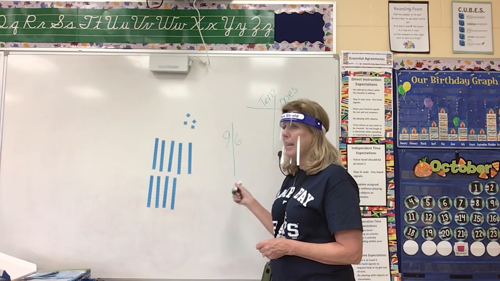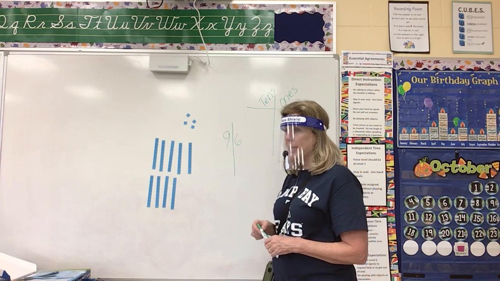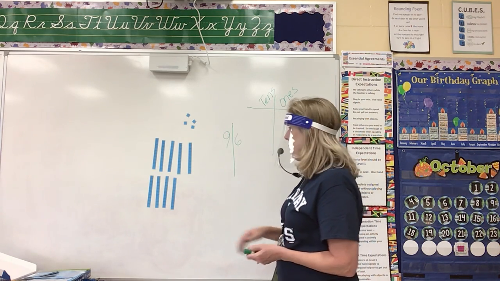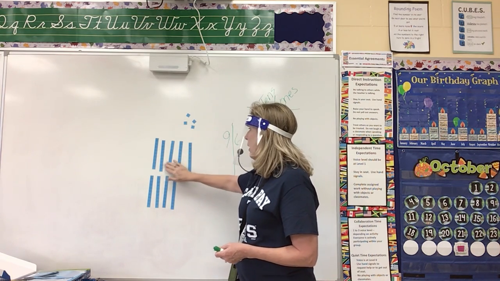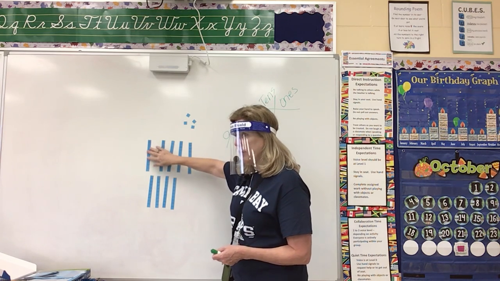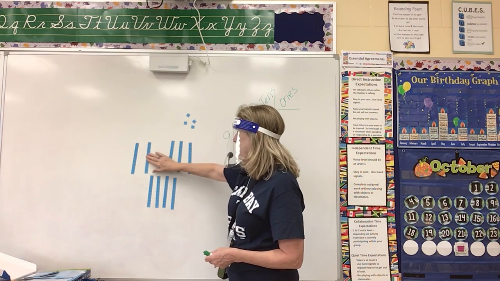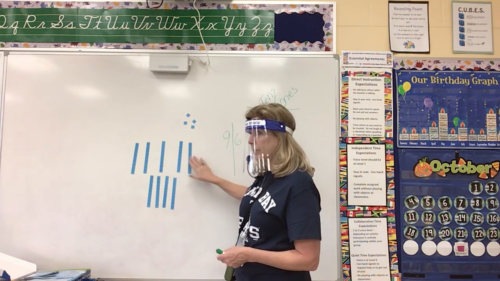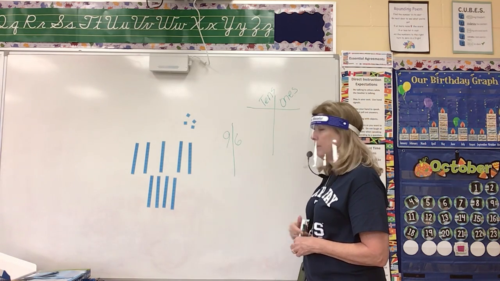So how many tens could go in that row? How many rows could he make? Here are your 9 tens, right? So each of these is a 10. So these are 10 chairs in one row, right? Okay, so how many of these do we have?